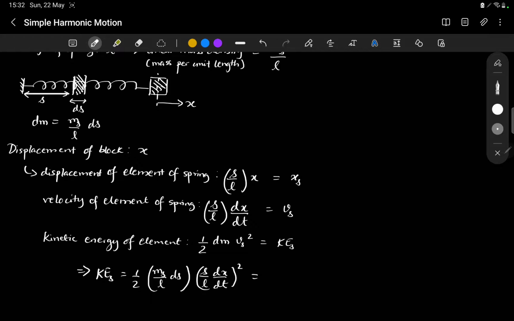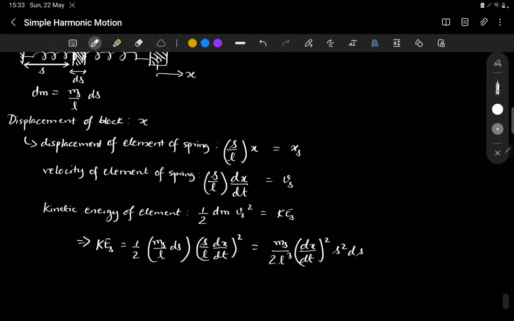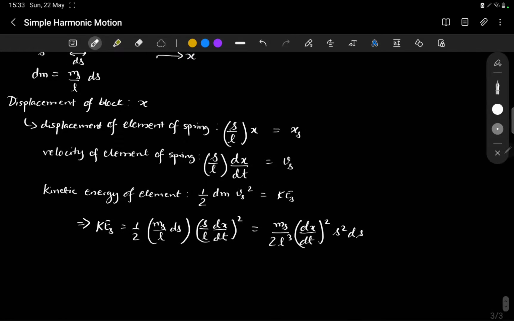Simplifying this expression gives us ms over 2L cubed times dx by dt whole squared s squared ds. So this is the kinetic energy of the element.